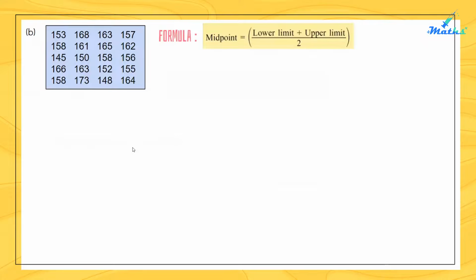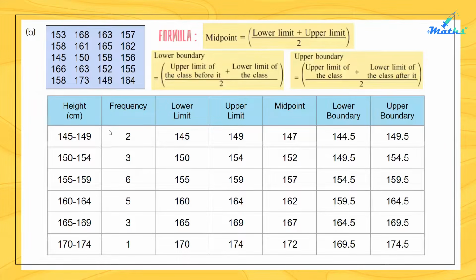For B, we create a table including height, frequency, lower limit, upper limit, midpoint, lower boundary, and upper boundary. For the height, we just copy from A, and then the frequency. How do we get the frequency?